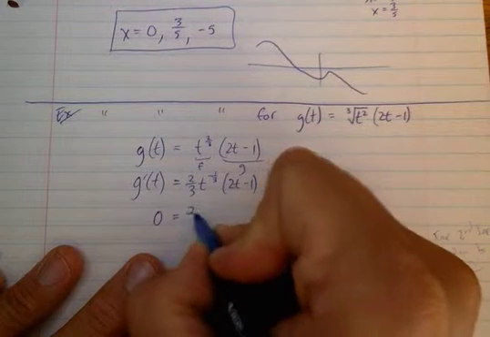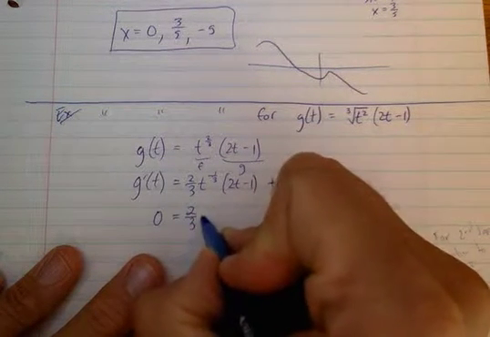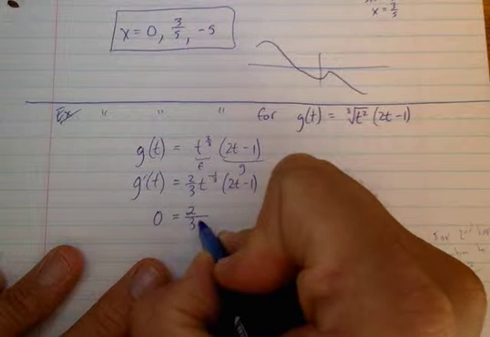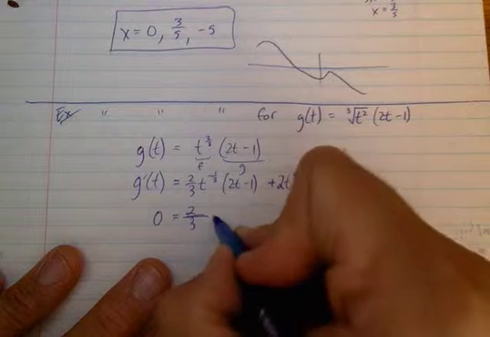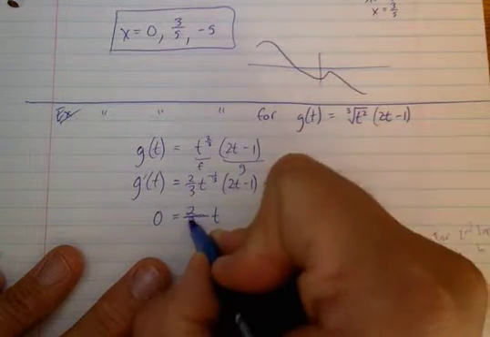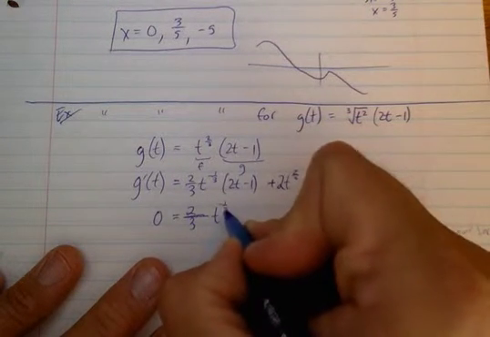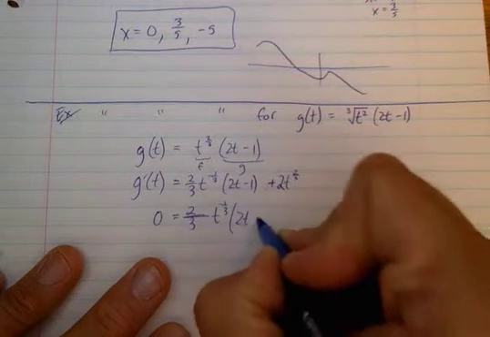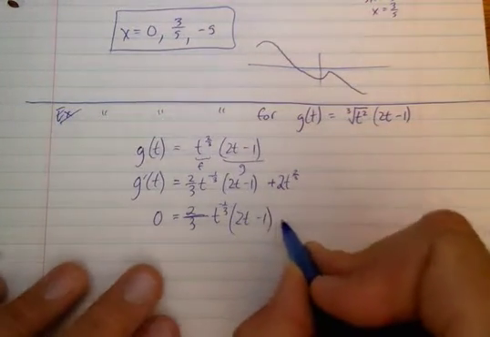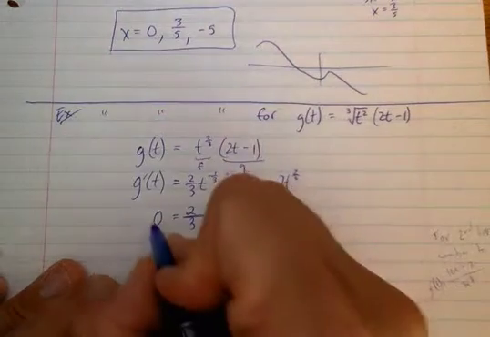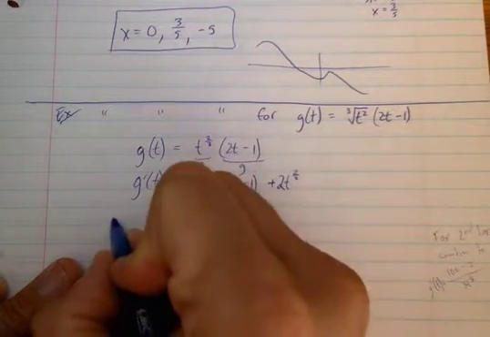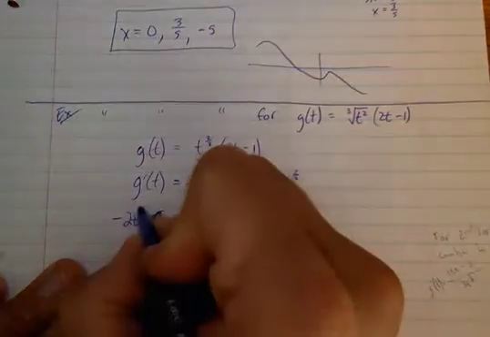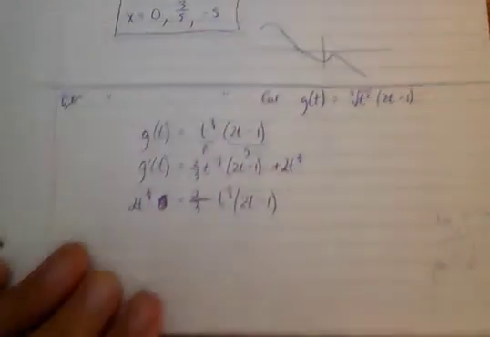Okay, 2 over 3, t to the negative 1/3 times 2t minus 1 plus 2t to the 2/3. Let's bring that plus over here. Minus 2t to the 2/3.